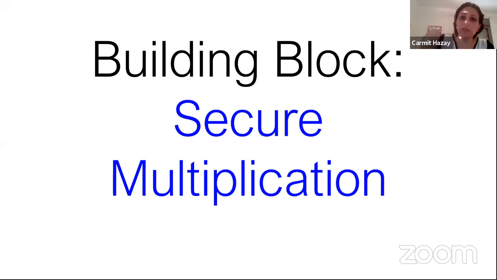So we describe our solution in a hybrid model where we have access to a secure multiplication functionality, and we measure the complexity of our solution as the number of times we access this functionality. And we basically decouple the overhead of the cryptographic task from the information theoretic task using this functionality.